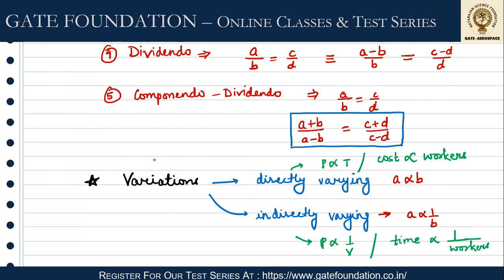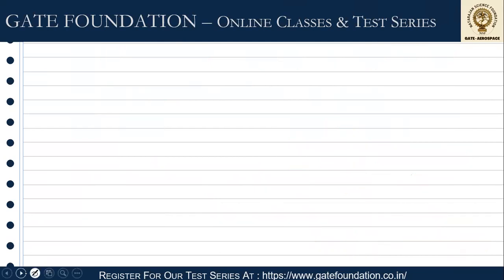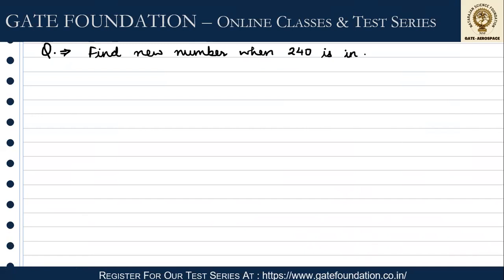Now let's look into some of the simple questions to take our lead on this topic. Find the new number when 240 is increased by 50%.